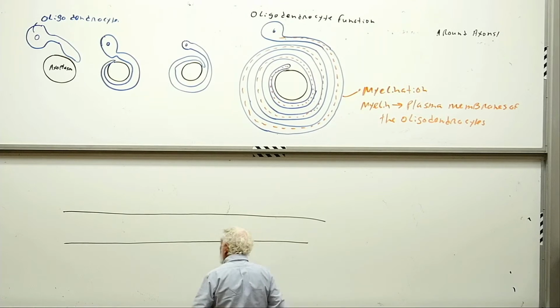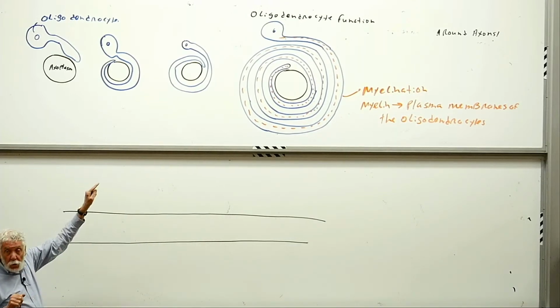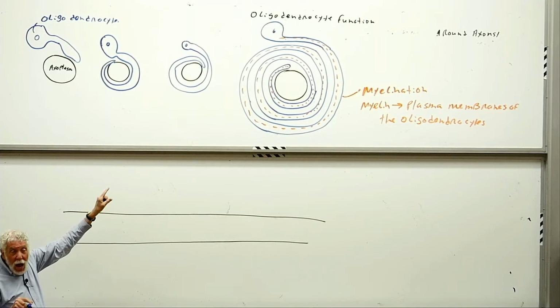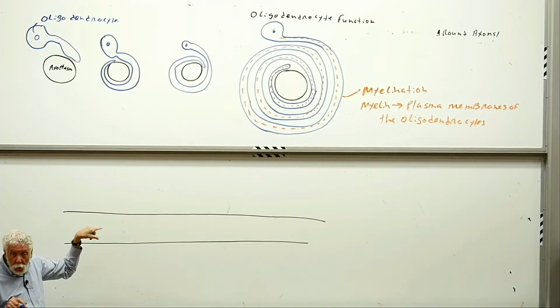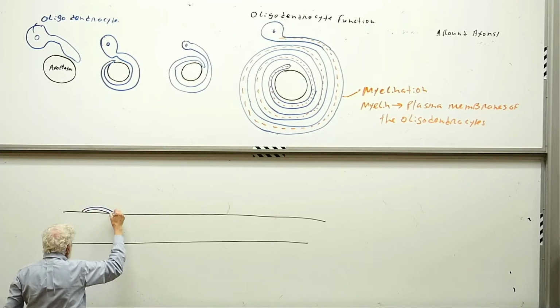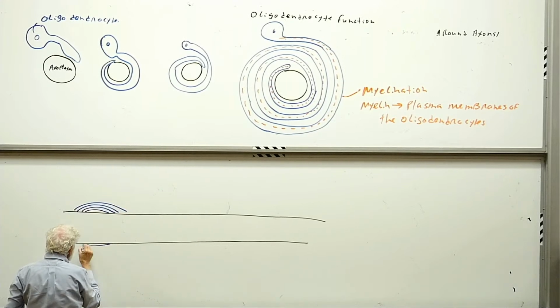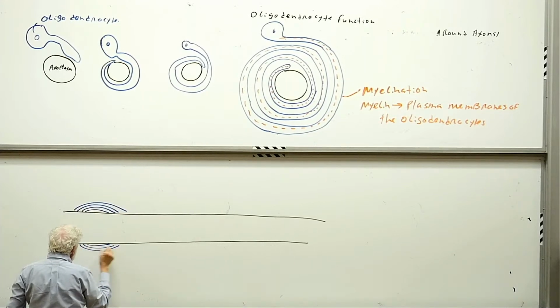And then again in blue, we're going to imagine what those myelin wraps would look like in this orientation. And what we see is they look a little bit like an onion, where each of these blue lines is meant to be a phospholipid bilayer, or plasma membrane, of the oligodendrocyte.